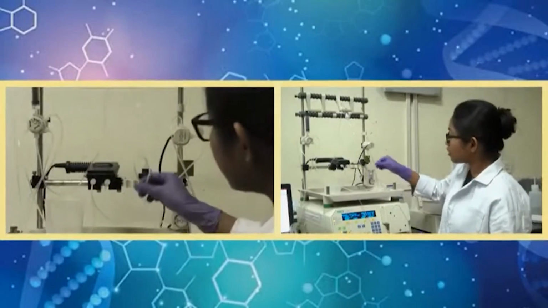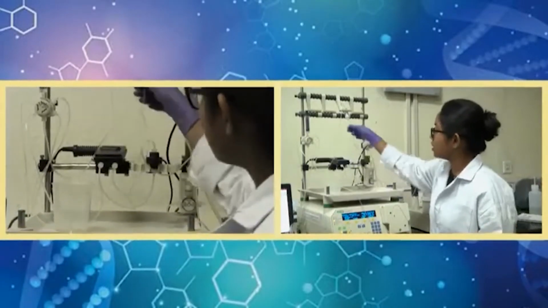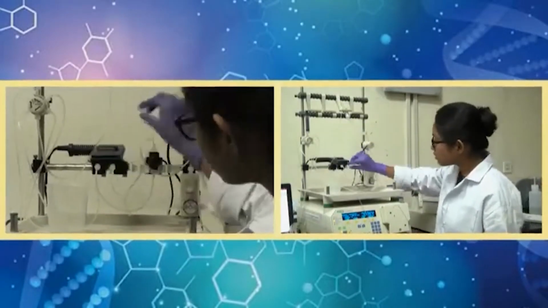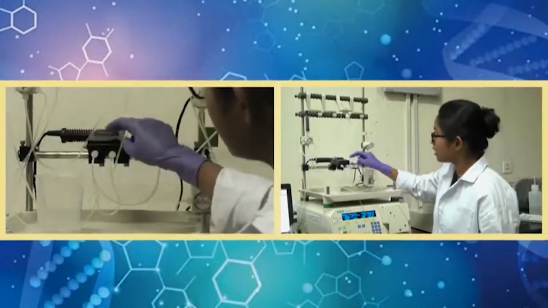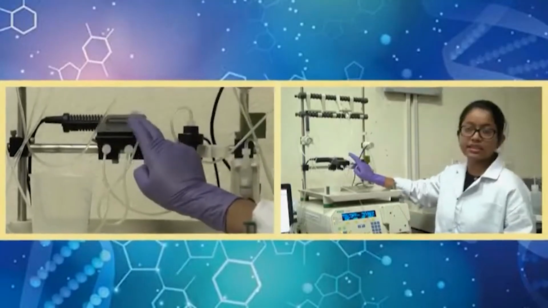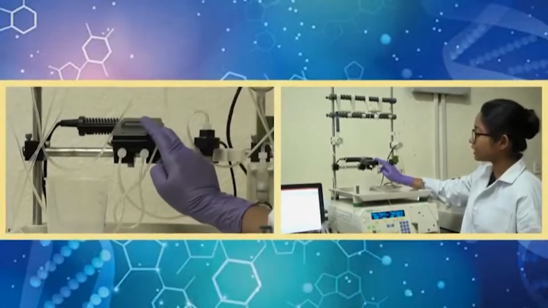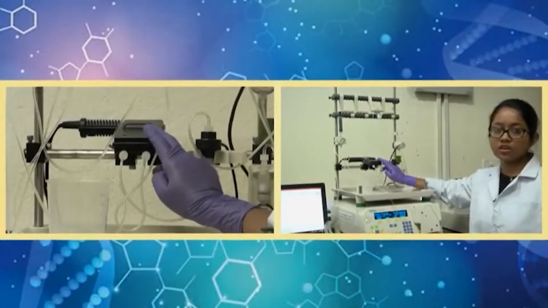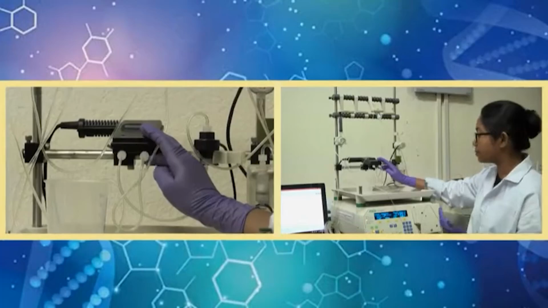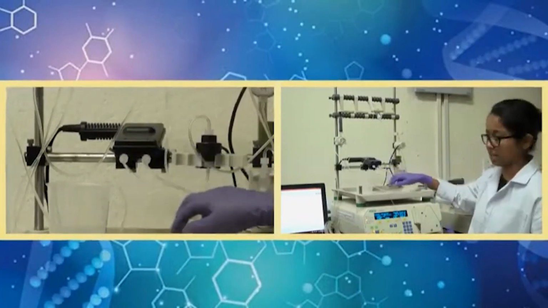From this column the tube goes into this box, which has a UV lamp. From this box you will get a signal of how much protein you have in this particular channel.